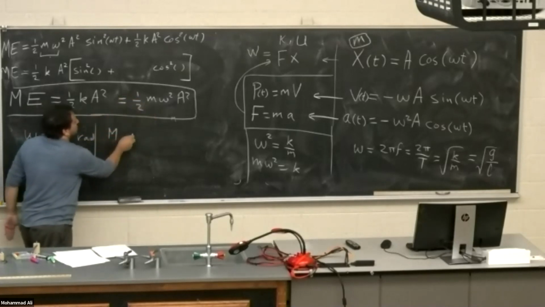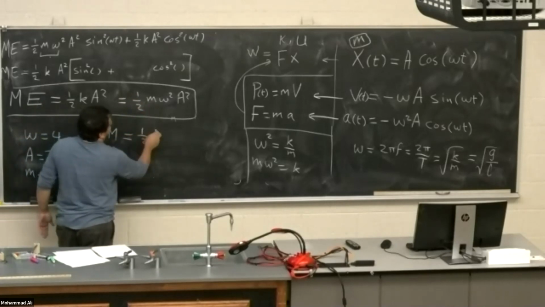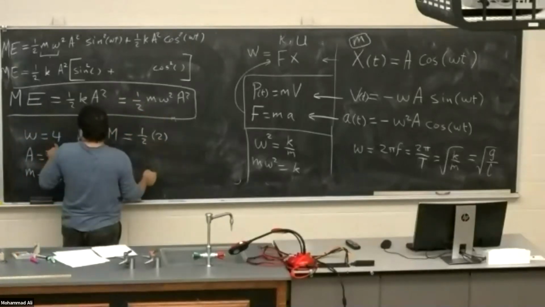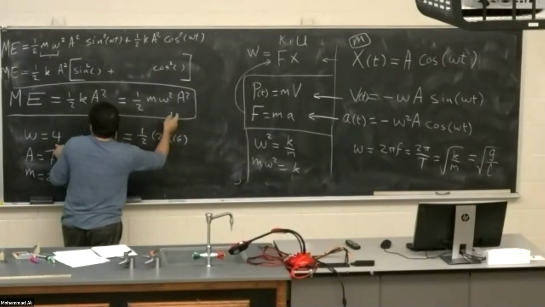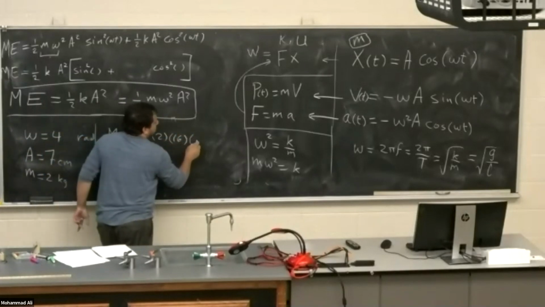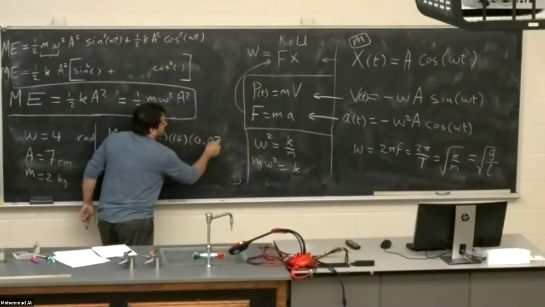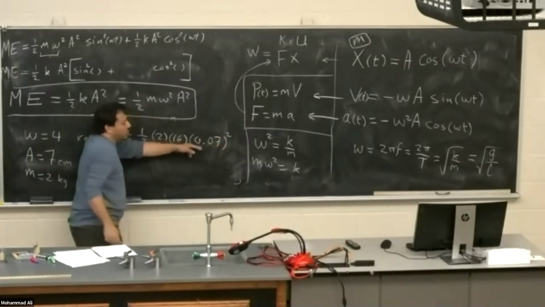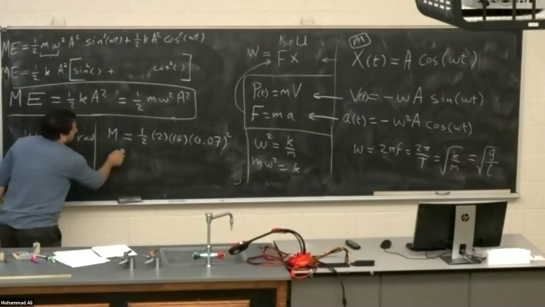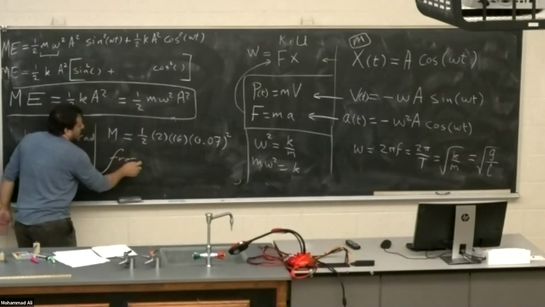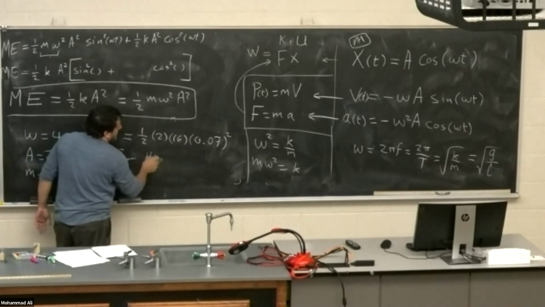The mechanical energy is equal to 1/2, the mass is 2, omega squared, it is 4 squared, which is 16, A is 7 centimeters, squared. I need to put it in meters. Okay, so it's just like that. This is from the exam before.